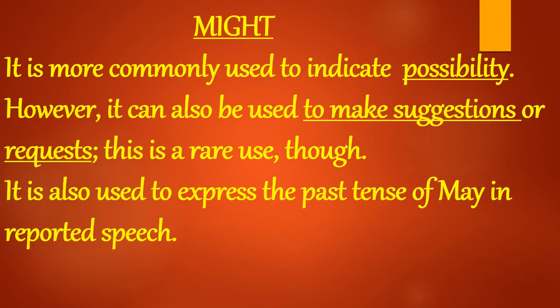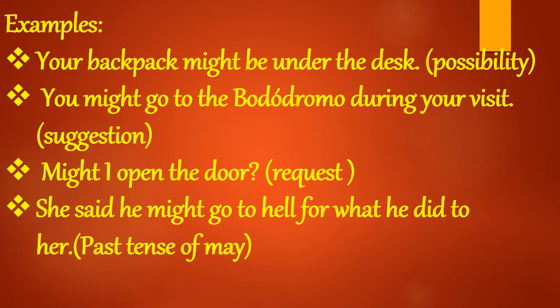And it actually expresses remote possibility, meaning very less possibility. Like the sky is clear now, but it might rain. It means there is a very remote possibility of raining.